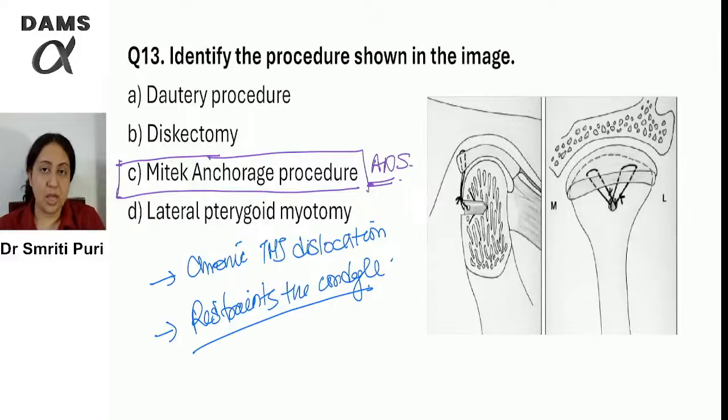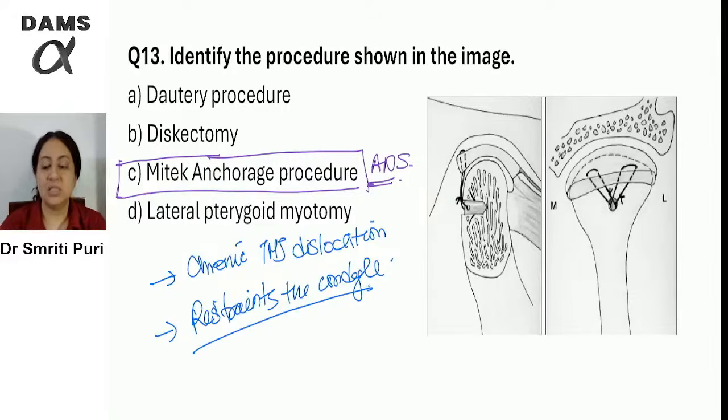You put a screw over there, and a suture from that screw can be anchored to the disc so that the disc gets repositioned, and the condyle and disc are fixed to each other and the condyle does not dislocate.